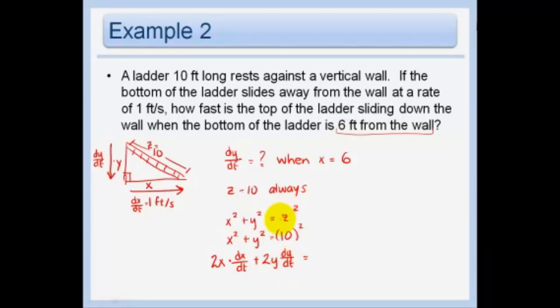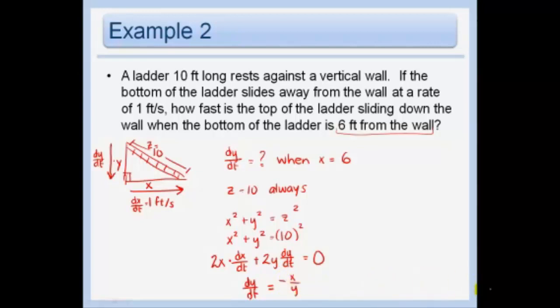Remember, when we take the derivative of the z, since the z is not changing over time, the derivative would just be 0. It's a constant, and the derivative of a constant is 0. So we are left with dy dt equals negative x over y.